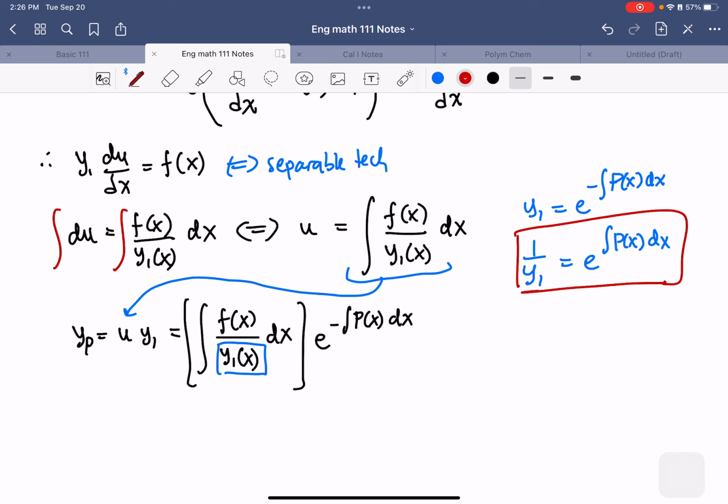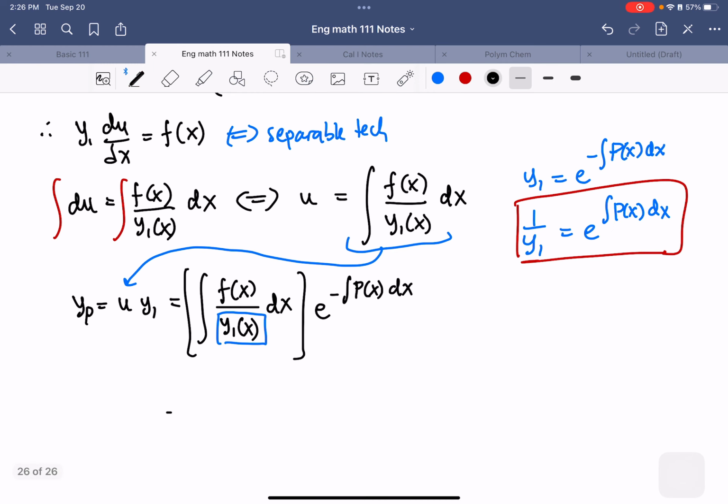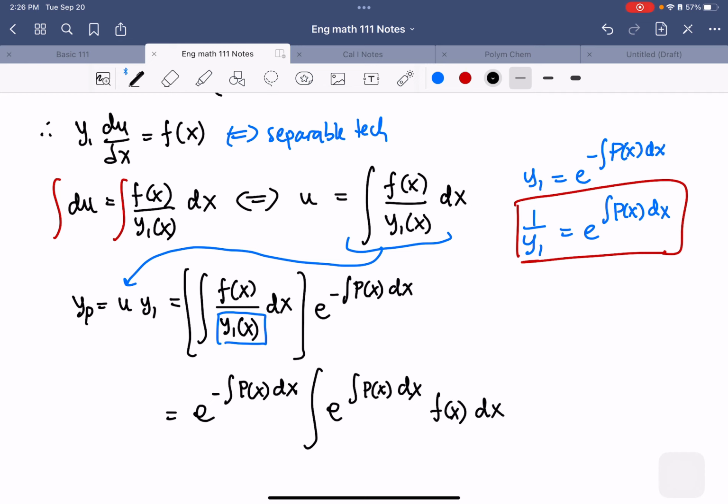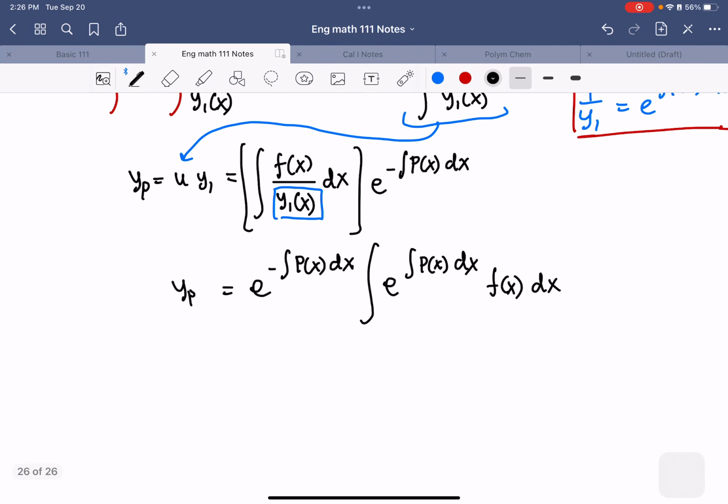Okay, so we are going to have integrations, or let me put the e negative integral px dx on the front, and then the integration of e integral px dx, and then f of x, and then dx. Okay, this is yp.